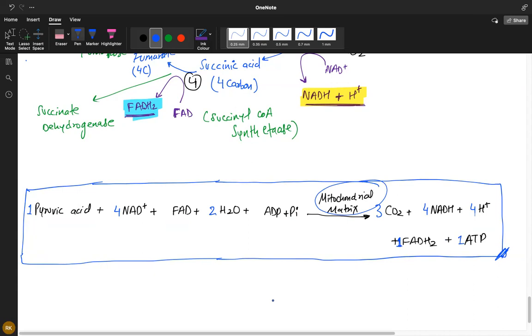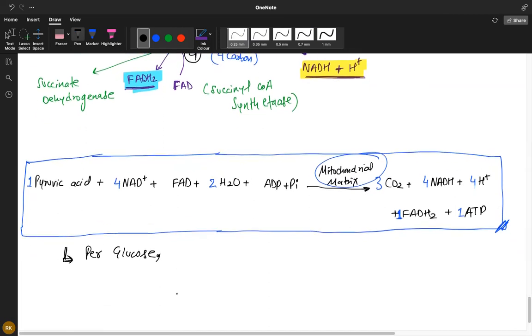So if I ask a question based on whatever has happened till here, let's do some calculation. So per glucose, how many ATP we got till here?